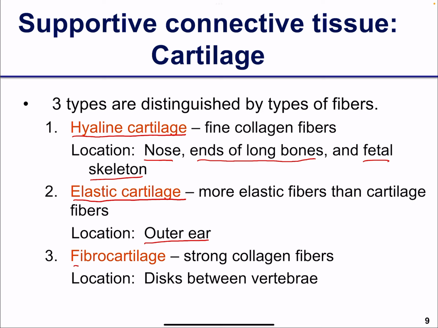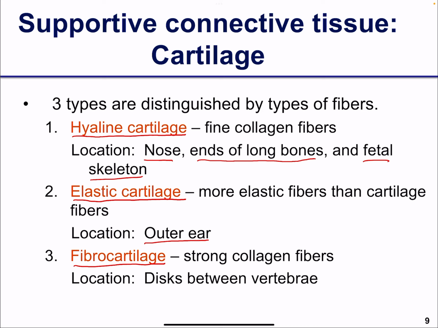Finally, we have the fibrocartilage. Fibrocartilage is very strong. It's going to be found in places where there is need for a cushion. For instance, between bones. If you consider your vertebral column, your vertebrae are going to have a little cushion. That cushion prevents two contiguous vertebrae from rubbing against each other.